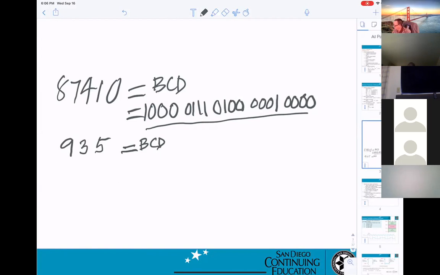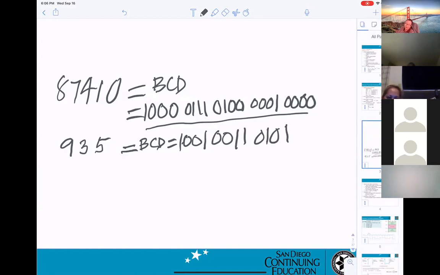Number 9, 1, 0, 0, 1. Number 3, 0011. Number 5, 0101. Later when you get a table, you look into the table, and you can get it done quickly. However, make sure they must be 4 bits.